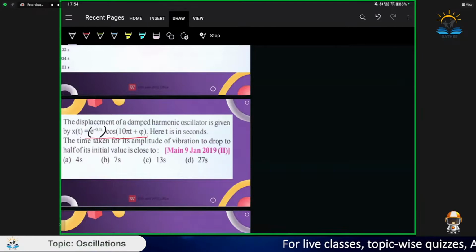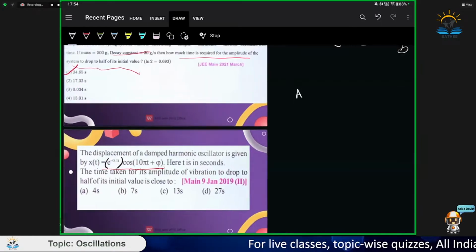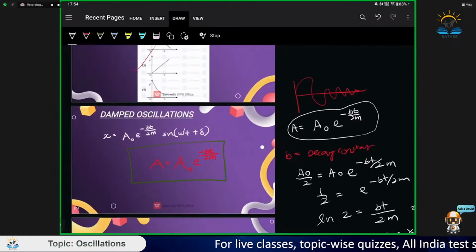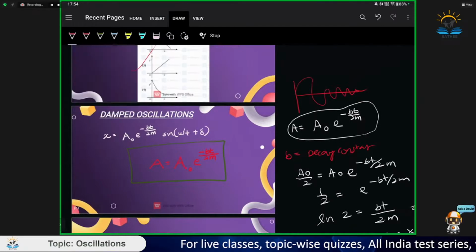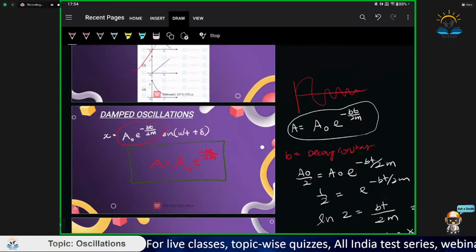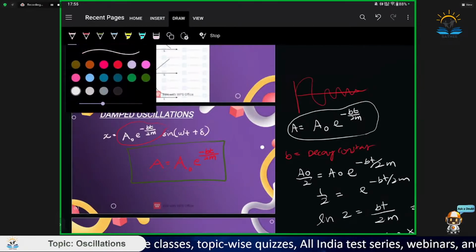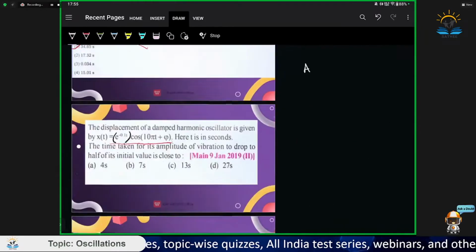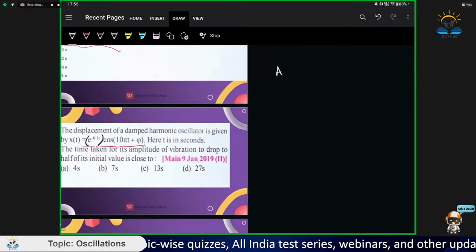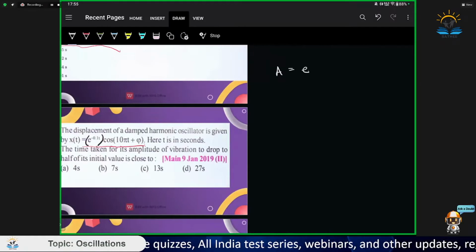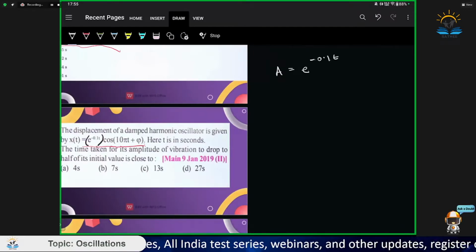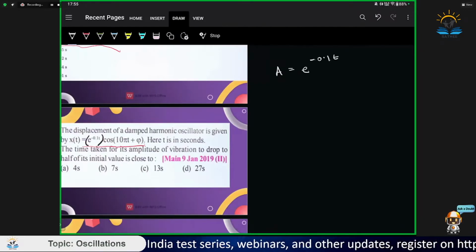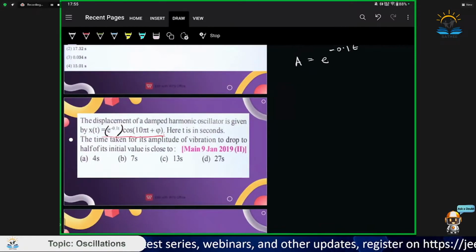At present the amplitude is e raised to minus 0.1 t. By comparing with the amplitude equation, we have amplitude equal to e raised to minus 0.1 t.